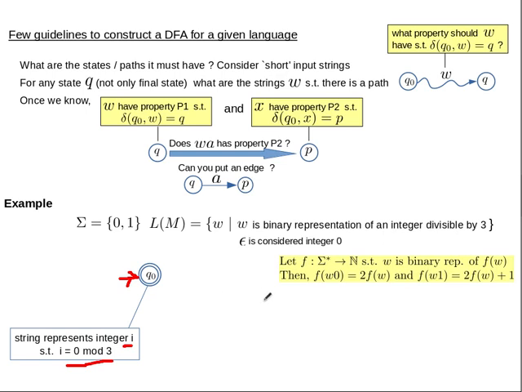Now, as I said, you need some ingenuity to guess what the states are and what strings they correspond to. So each state corresponds to a bunch of strings such that those strings have some property. And here, instead of strings, I'm using integers, but they are interchangeable via this function.